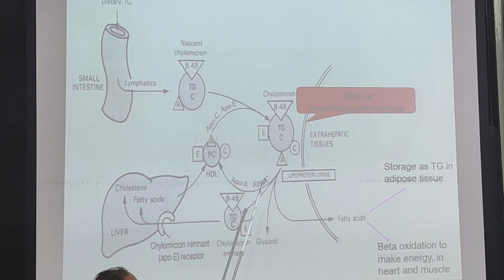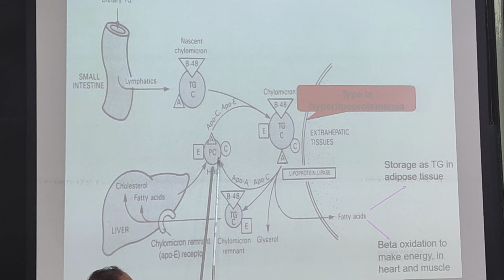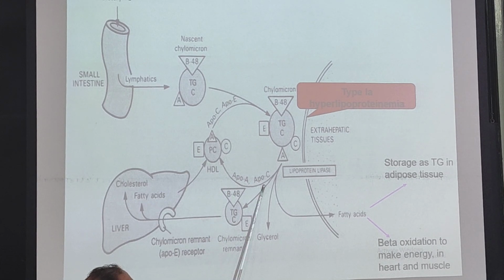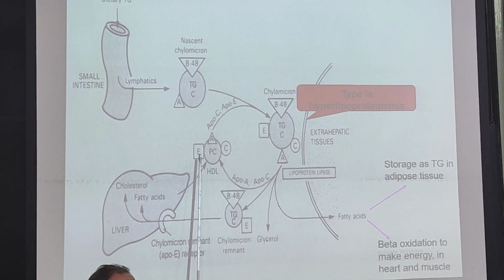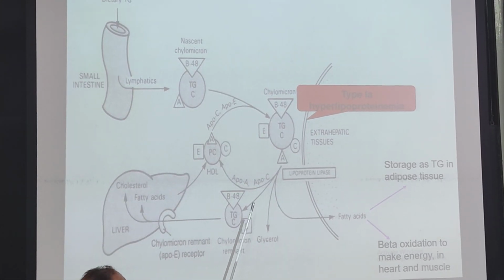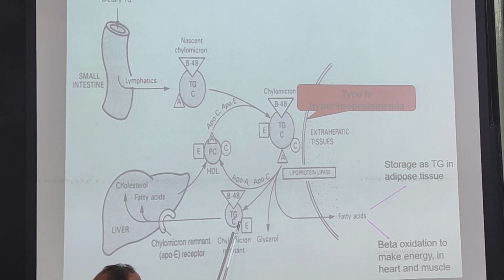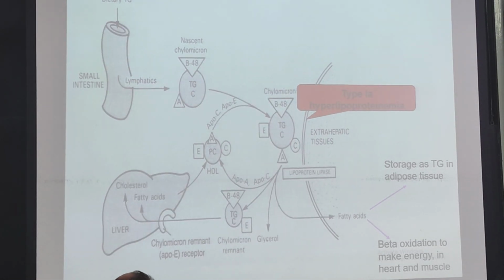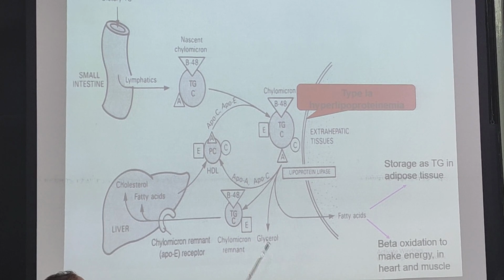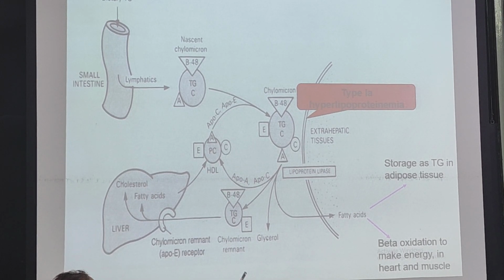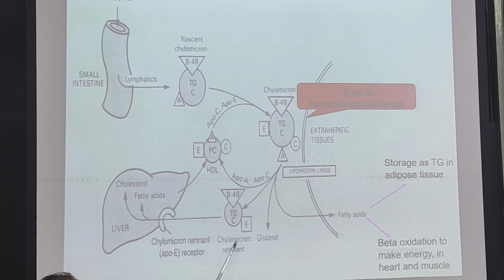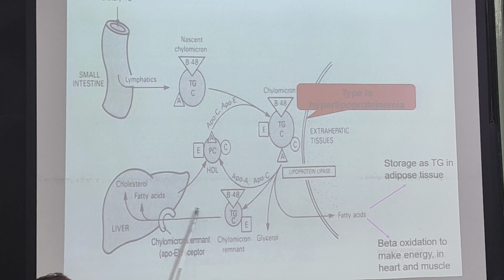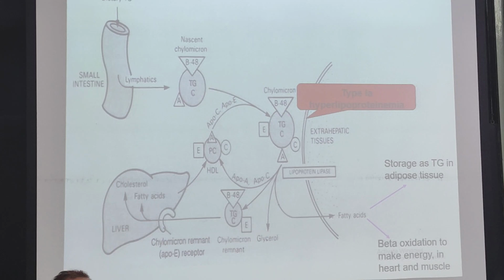ApoC goes back to the HDL, and ApoE and ApoB48 remain on the chylomicron, known as chylomicron remnant. Finally, it transfers to the liver.